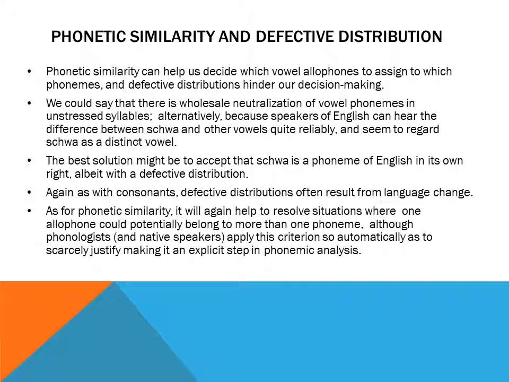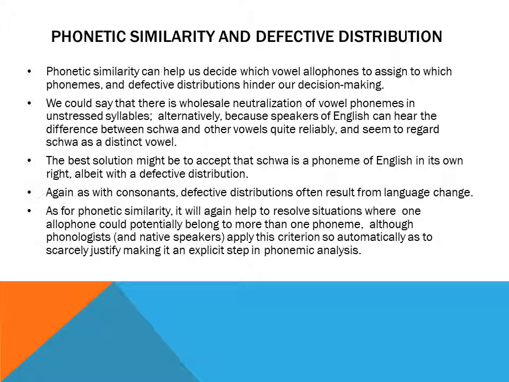Next, we have phonetic similarity and defective distribution. Phonetic similarity can help us decide which vowel allophones to assign to which phoneme, while defective distributions hinder our decision-making. For instance, schwa in accents other than New Zealand English is confined to unstressed positions, and therefore does not strictly speaking contrast with most other vowels.